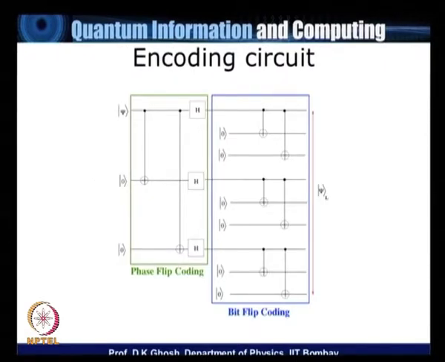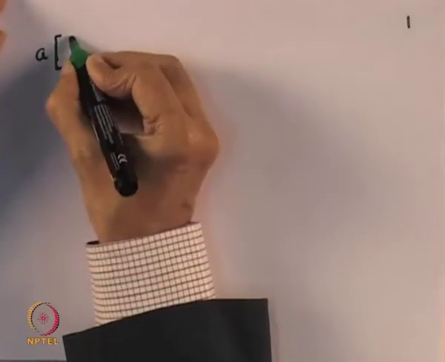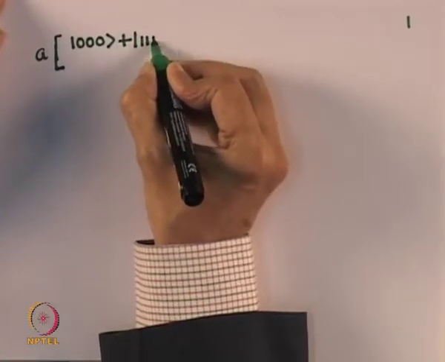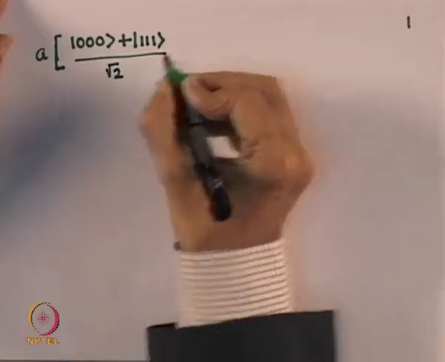So this is the circuit which we talked about last time, where psi is the qubit which I am interested in sending, which has a structure A0 plus B1. Instead of sending the 3-qubit code, we have now generated a 9-qubit code in which we have done two parts. One is phase flip coding and the other one is bit flip coding. At the end of it, what I got was a state which is A times 0 0 0 plus 1 1 1 by square root of 2, written 3 times.